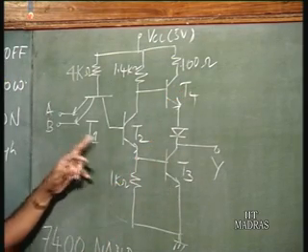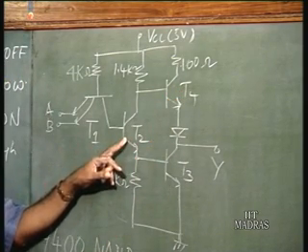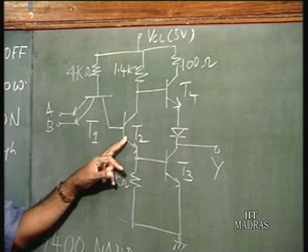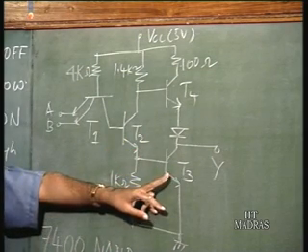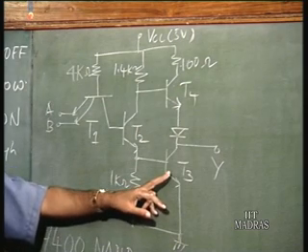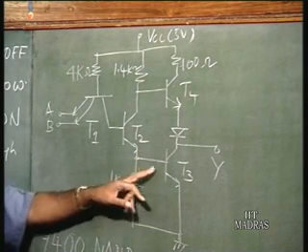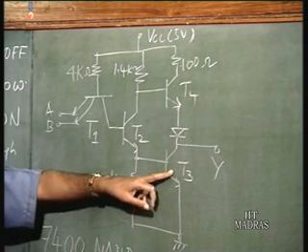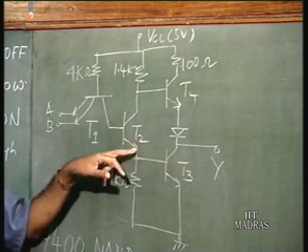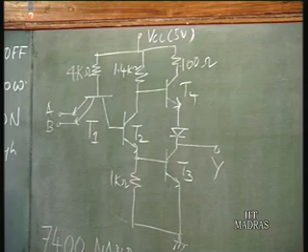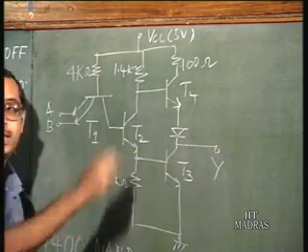So what happens to T2? T2 goes off. And when T2 is off, T3 will also be off, because if T2 is off, there is no way T3 can get any base current. The base current of T3 could only be supplied by the emitter current of T2. So T2 is off, T3 is off.